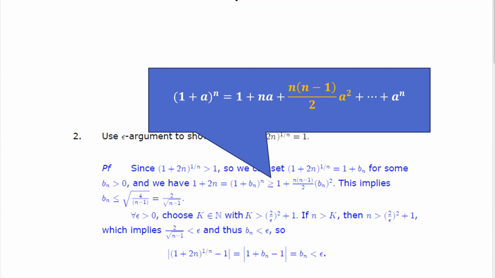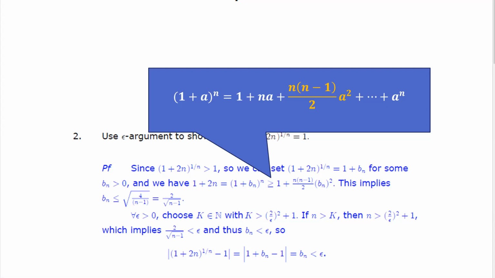So what you need to show next is that the right side, 2 over square root of n minus 1, goes to 0. Now this is easy, right? Because you have an n in the denominator, it has to go to 0. However, you still need to use the epsilon-K argument to do that. For every given epsilon, you choose K. Here I skip some analysis steps.